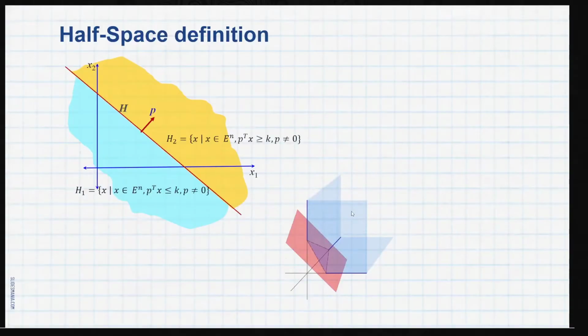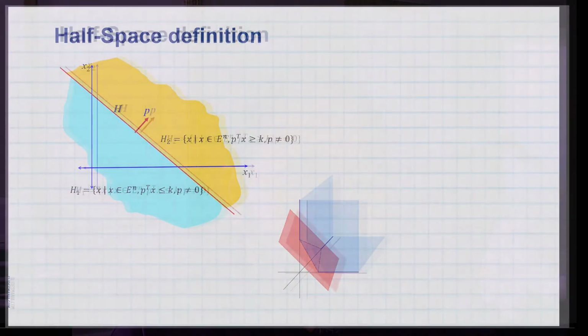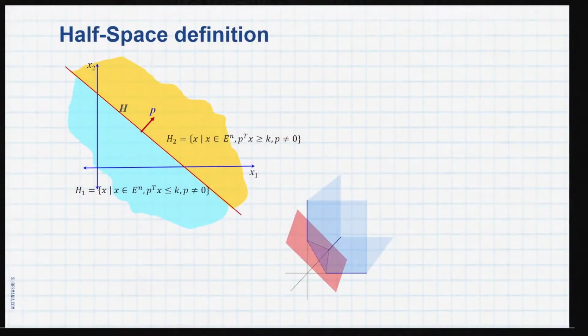Next slide illustrates the concept. This slide says this is the hyperplane we have, and p is perpendicular to it.